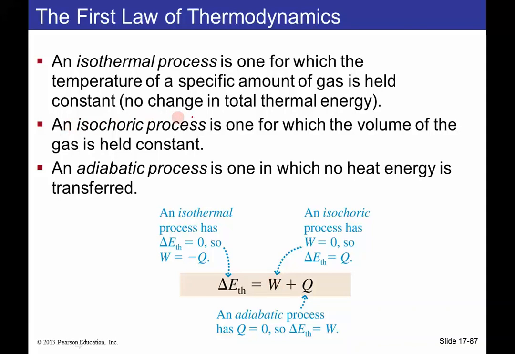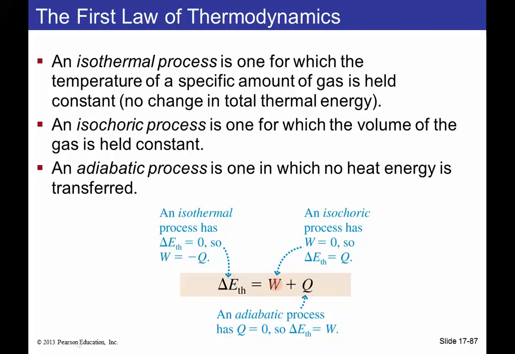In an isochoric process, the volume is not changing. Because the volume is not changing, there's no work, and all the heat that you put in goes into thermal energy. Nothing goes to do work. And finally, an adiabatic process is one in which no heat is being transferred. So there's no heat; Q is zero.